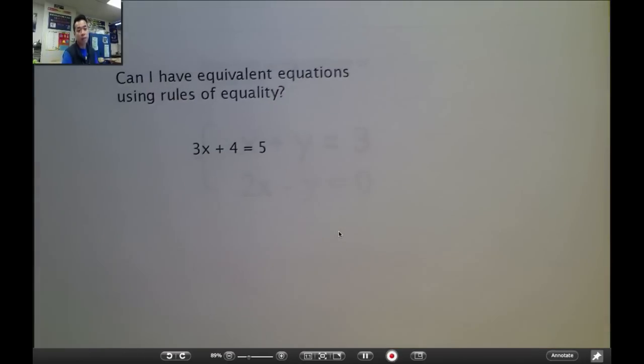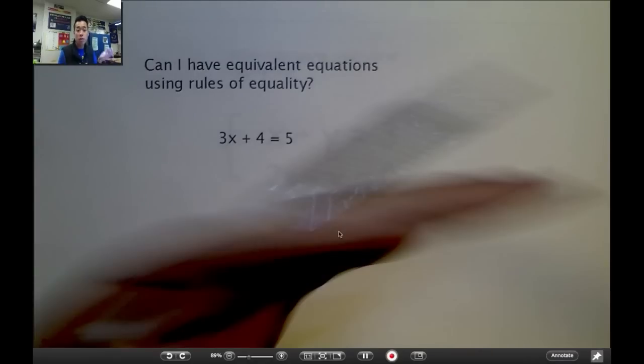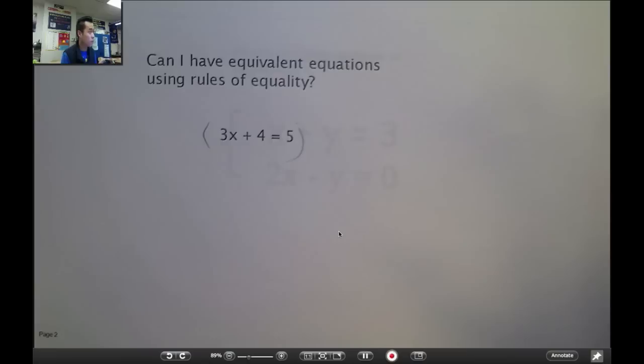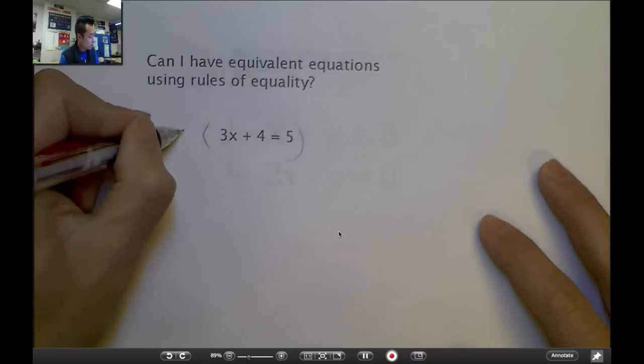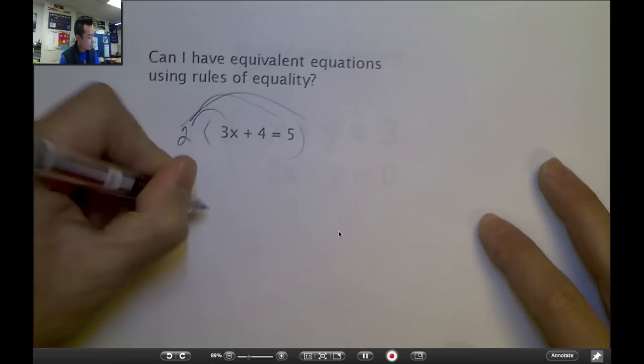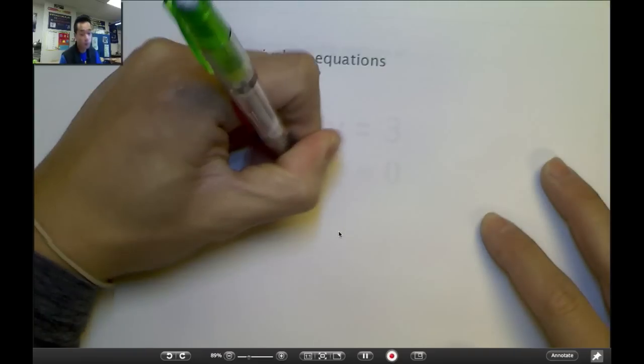So for example, can I have equivalent equations using rules of equality? We previously talked about this in class. As long as you treat everything on the left side and the right side equally, you will have equivalent equations. What I mean by that is if I multiply this entire equation by 2, I eventually have 6x plus 8 is equal to 10.